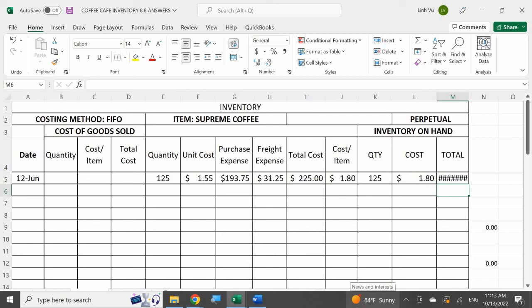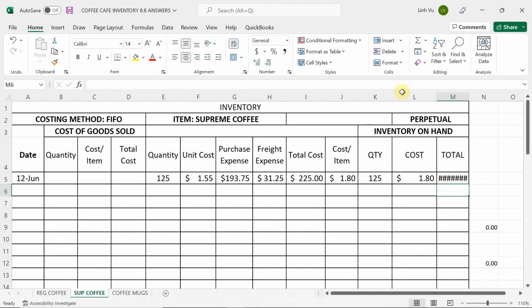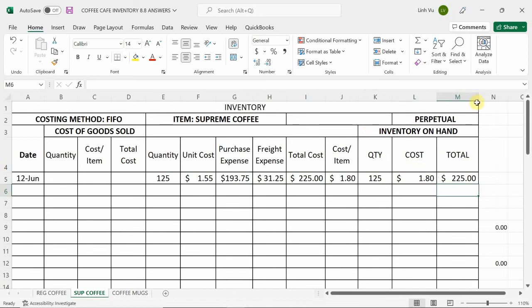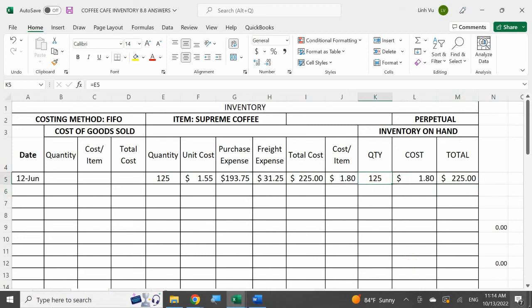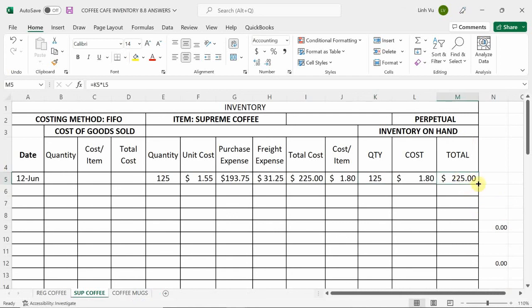I'm keeping track of my batches of inventory based on how much I'm selling per batch. So this first batch of inventory is going to cost me $1.80 per pound. When I adjust my inventory, I just adjust the quantity and it should multiply by the $1.80 to give me my total cost. Right now that's where my formula is, in my total cost section.